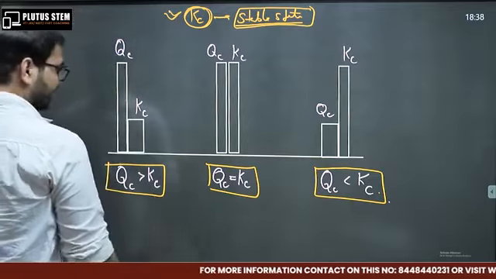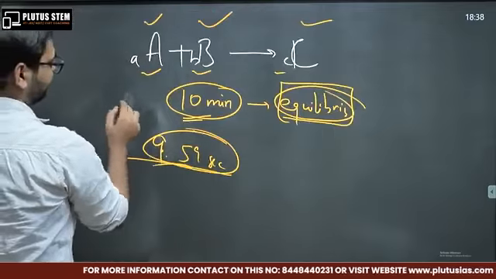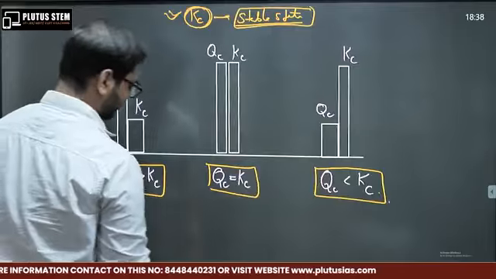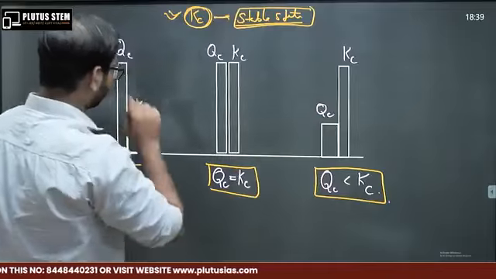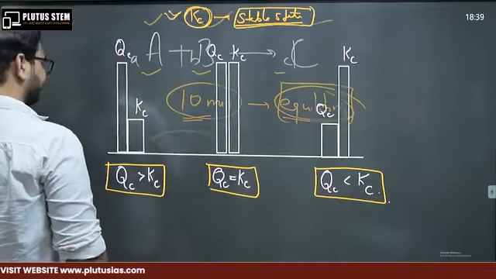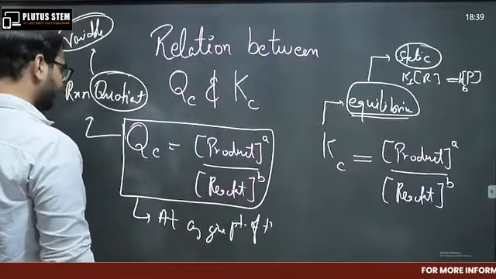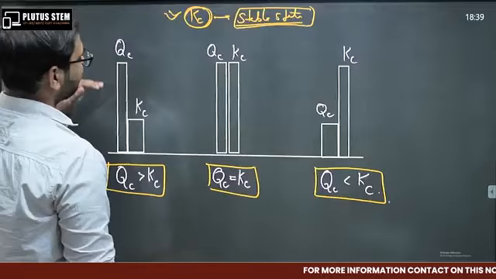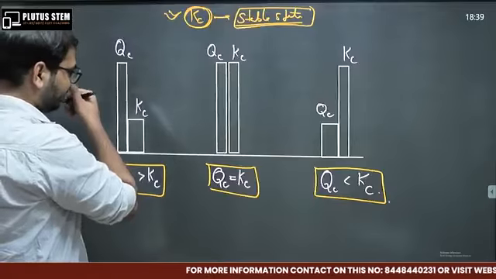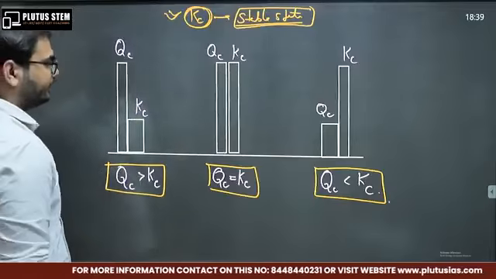So first thing, let me write the separate formulas. Okay, we can use them later. If you closely look at it, QC is represented by concentration of product and reactant. Now here, my QC has a higher value and Kc has a lower value.